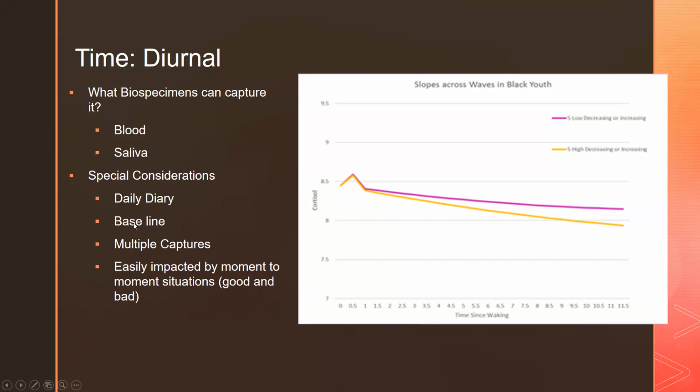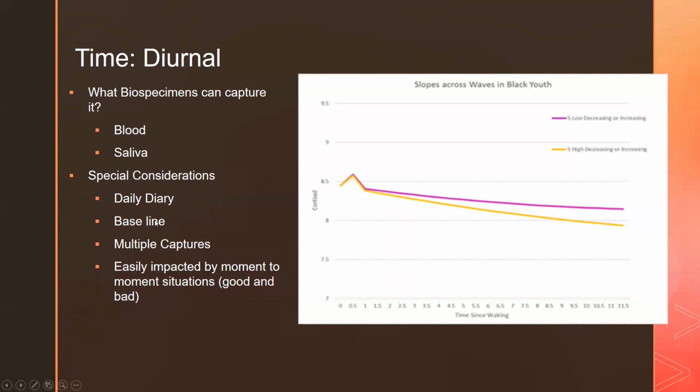Why? Because your day can be more or less stressful than the day before. You might be in more competition. Something might be going on in your life that's going to affect your testosterone or estradiol level. So one of the special considerations that you should be controlling for is having that baseline data and having daily diary data.